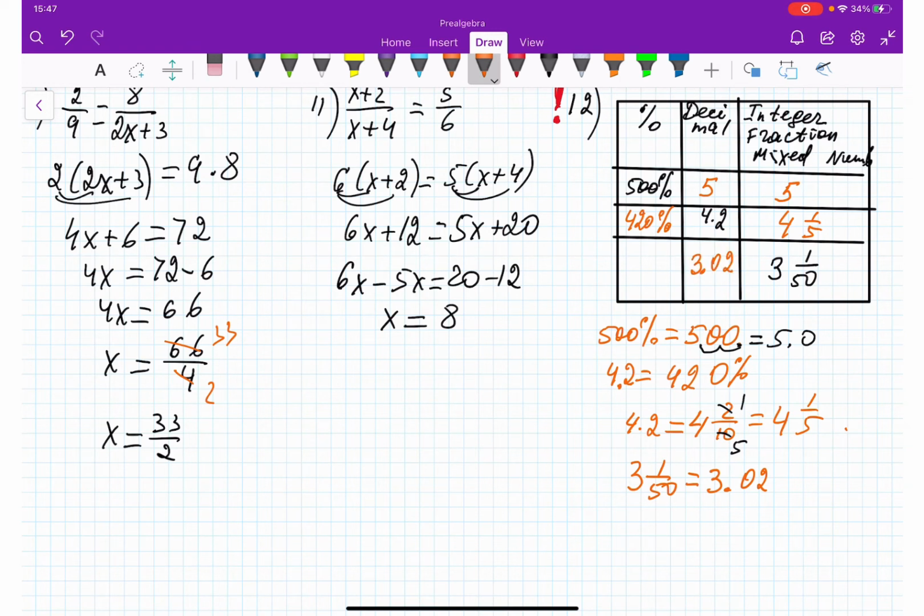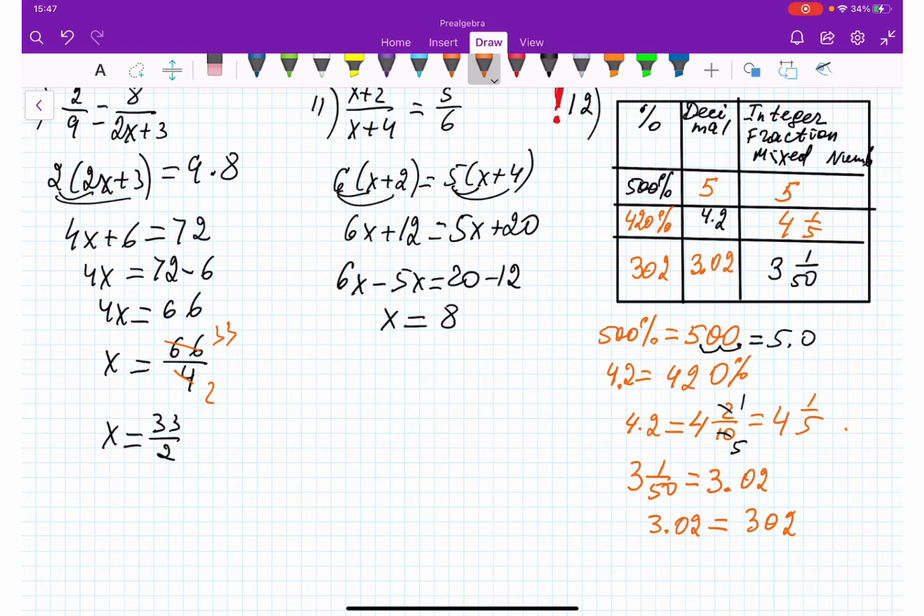Now from decimal, we need to get percentage. 3.02, we need to multiply by 100 to get percentage, meaning 2 positions, 1 and 2, and we are getting 302. Okay, this is a very useful problem, guys.